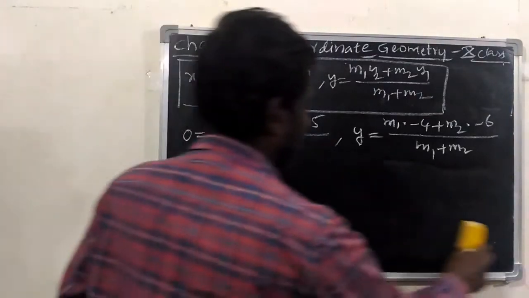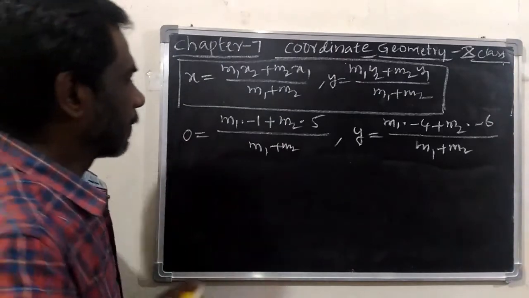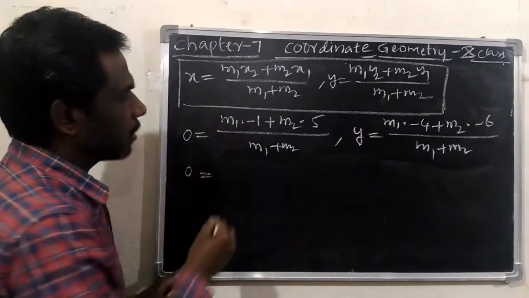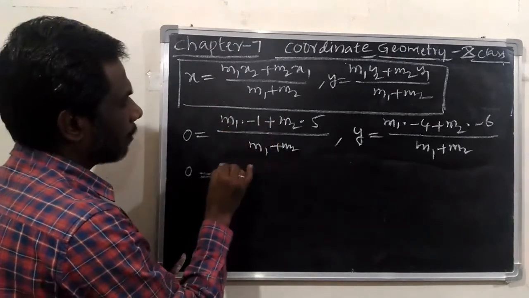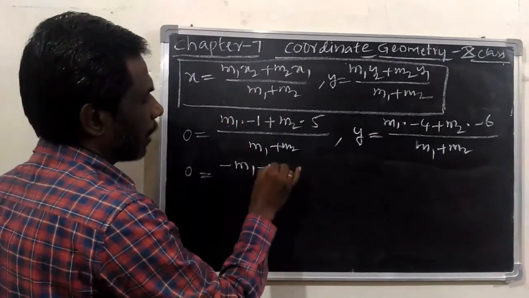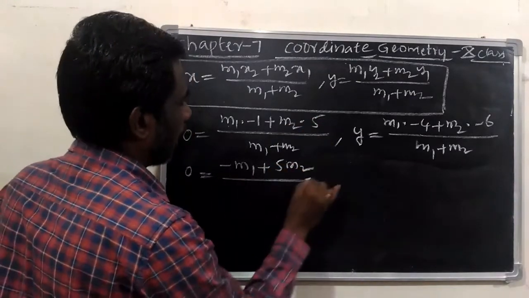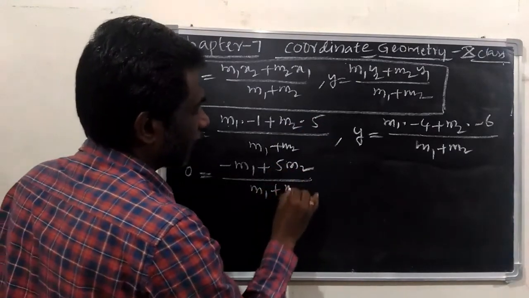After we substitute, we simplify it. 0 equals (m1 into -1 plus m2 into 5) by (m1 plus m2).